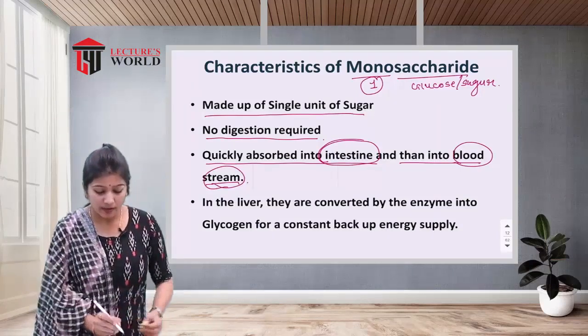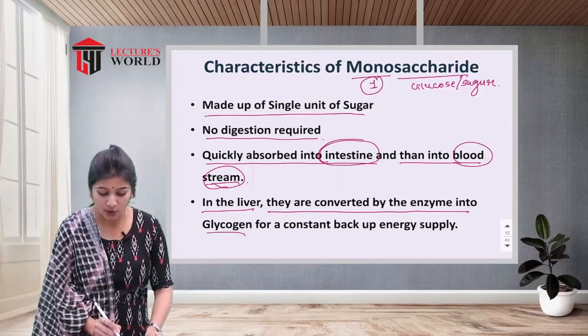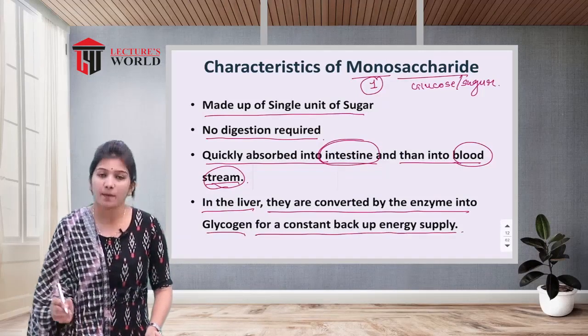Next, in the liver, they are converted by enzymes into glycogen for a constant backup energy supply.